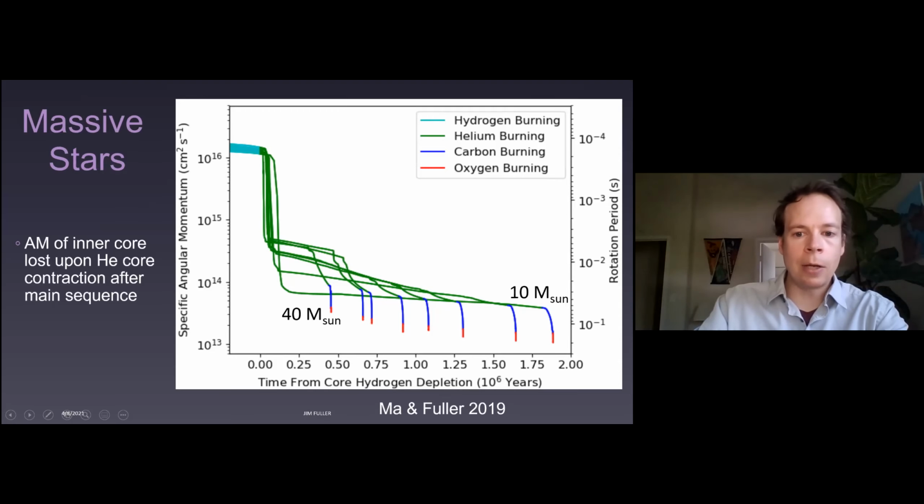It's a little bit on the slow end, but there are other processes that actually might spin up the stars a little bit during the explosion. Some people have been doing some really nice work on that. But I think it's likely that most of the angular momentum is removed by these magnetic processes throughout the evolution of the star. So that equates to pretty slow neutron star rotation rates in most cases.